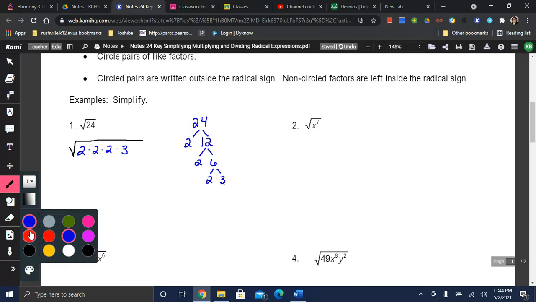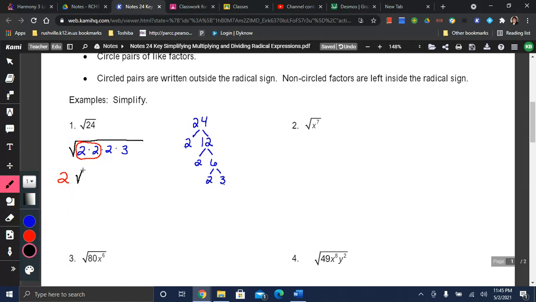And then we're going to look to see, do we have pairs? Well, I have a pair of 2's. So I'm going to circle that pair. As I circle the pair, I'm going to remove it as a 2 and take it outside the radical expression.